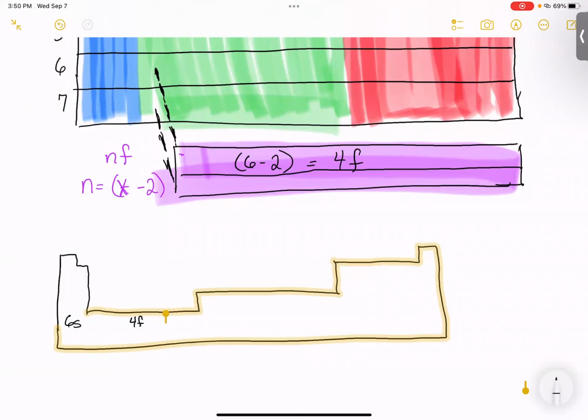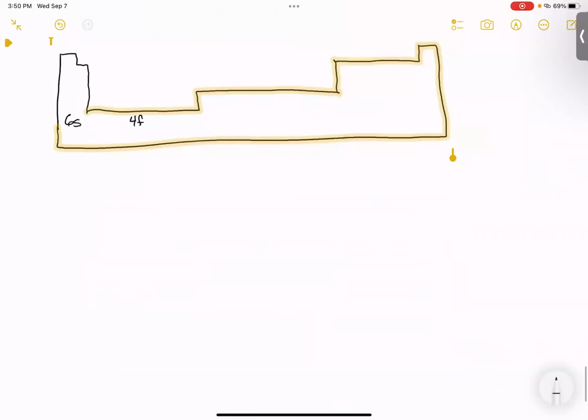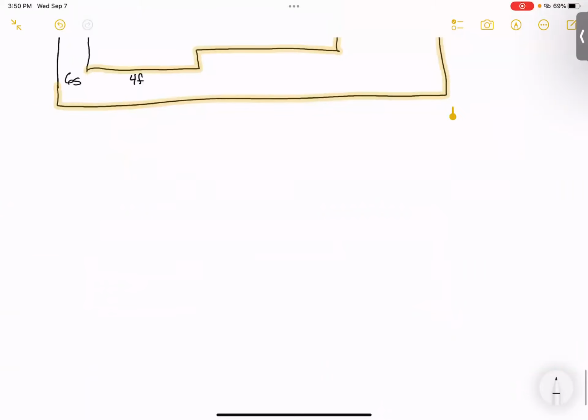Okay, so we are going to get into the periodic table, and you're going to keep in mind your table.